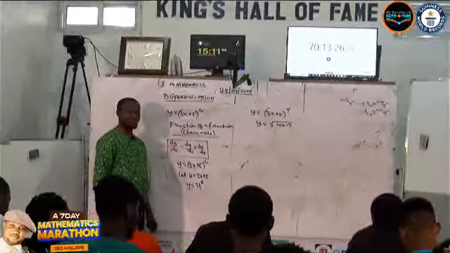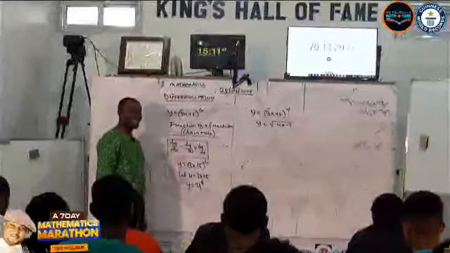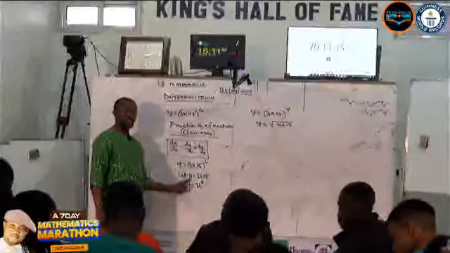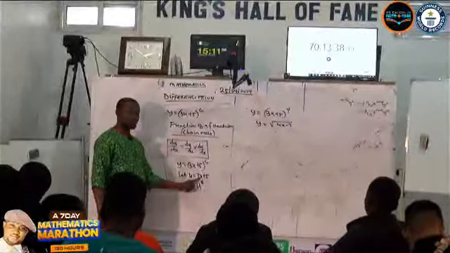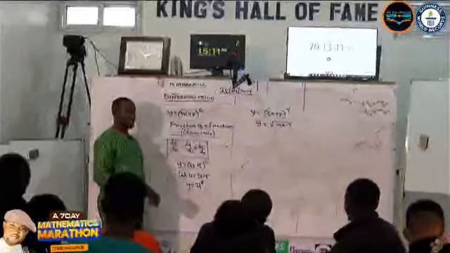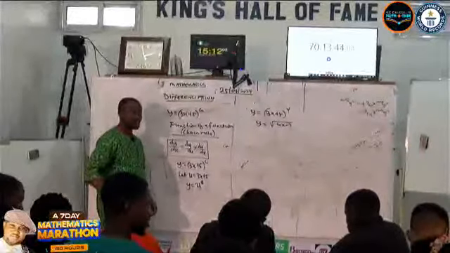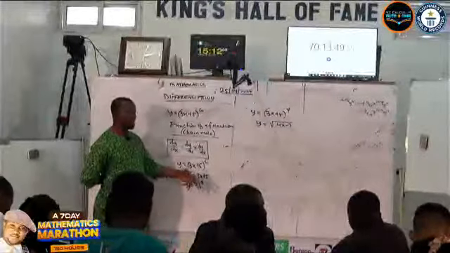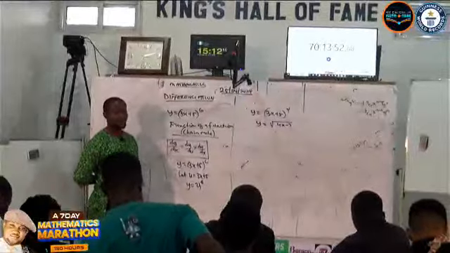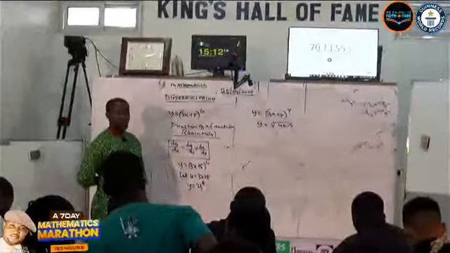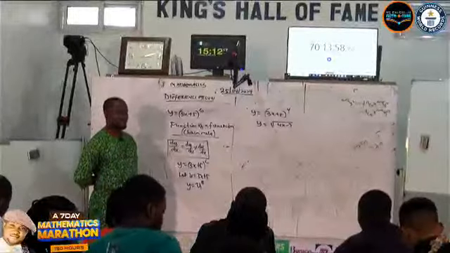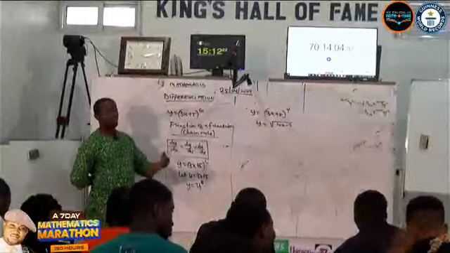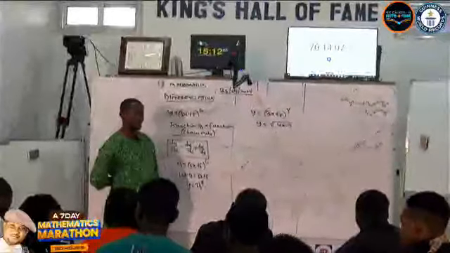So if I differentiate u with respect to x, I will have du/dx. Are you hearing me? If I differentiate u with respect to x, I have what? du/dx.